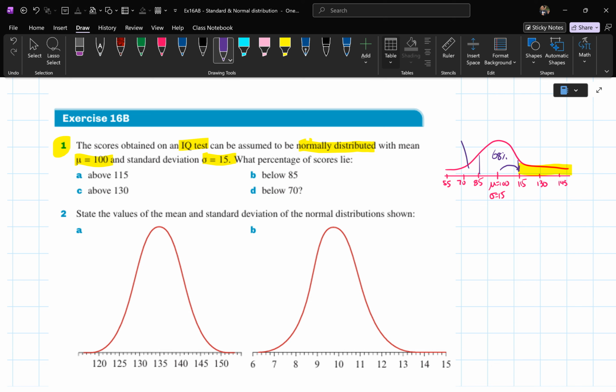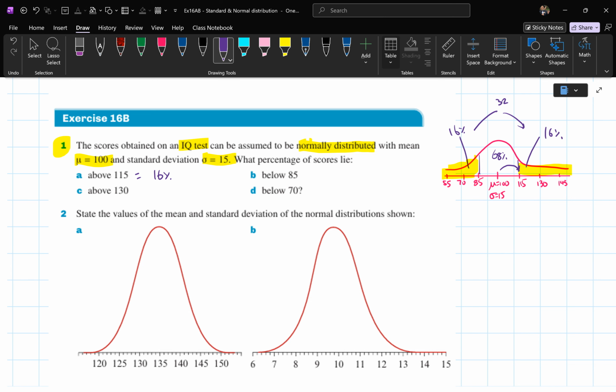So if that's 68, that means these two tails, because it's symmetrical and the percentages have to add up to 100%, the missing is 32. But then 32 split equally to both sides means it's 16% and that's 16%. So I know this must be 16%. This is using an approximation.